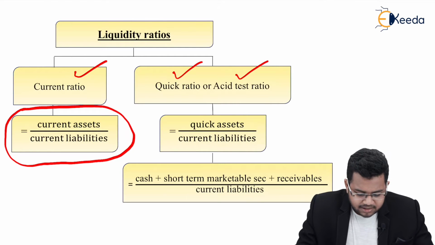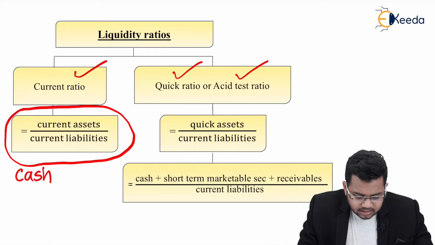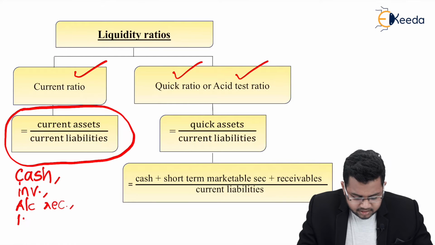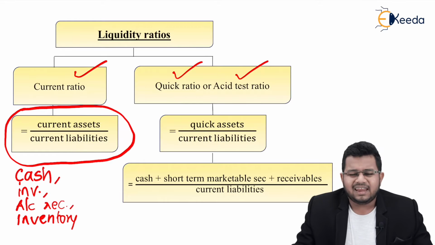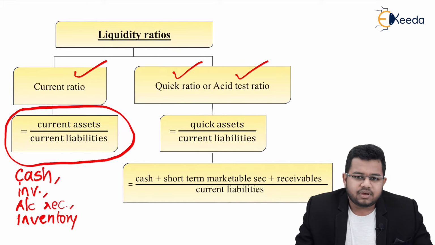Let's understand. Current assets may have cash, it may have short term investments, it can have debtors which we call accounts receivables, it may have inventory and any other current asset, like we can say some prepaid expenses, advances, etc. What is included in current liabilities?